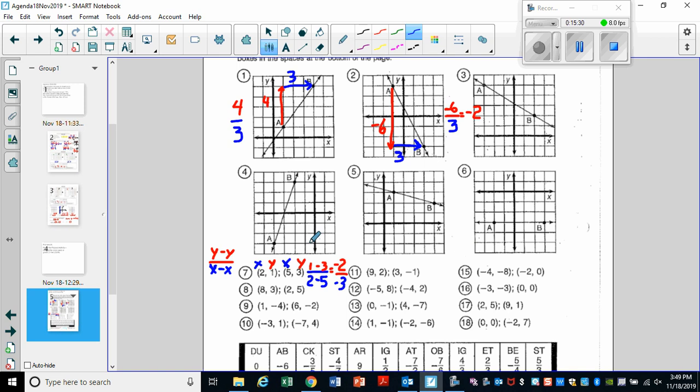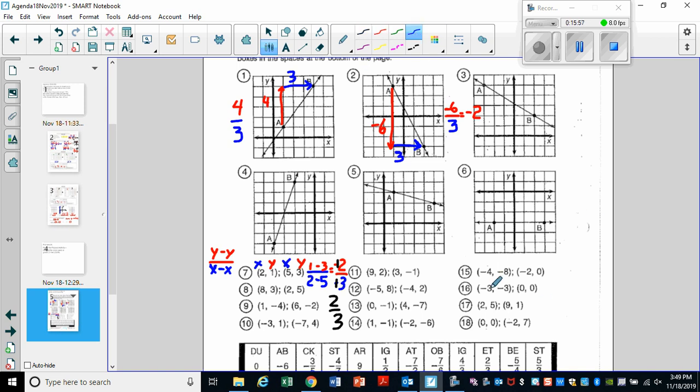Let me get back to this one first, I'm sorry. What happens when we have -2 divided by -3? In the end, your slope actually becomes 2/3 because the negatives knock each other out, and you're left with +2 over +3, or 2/3.